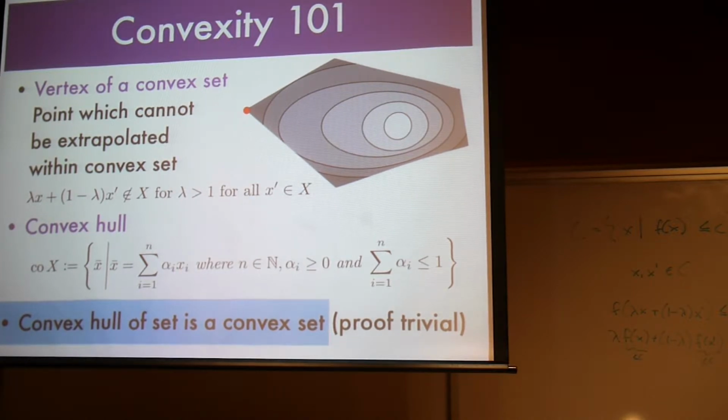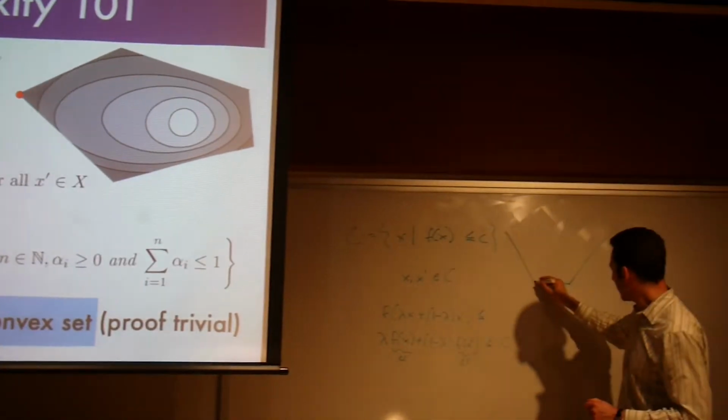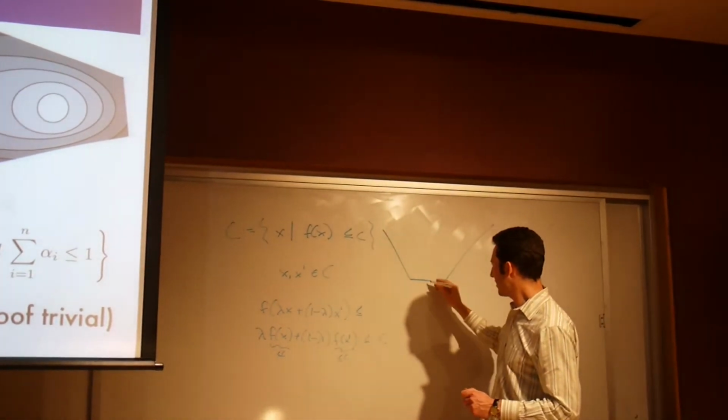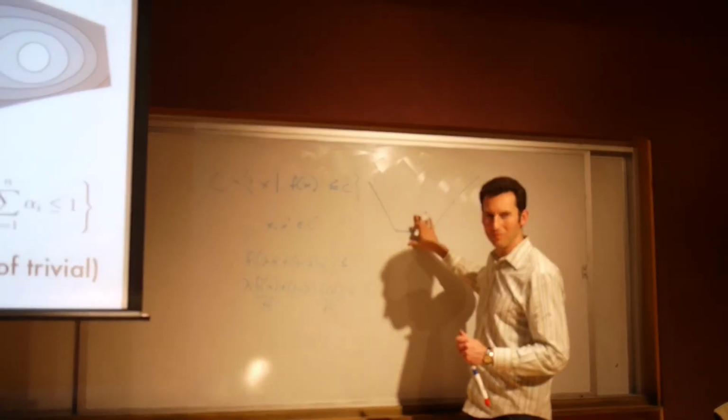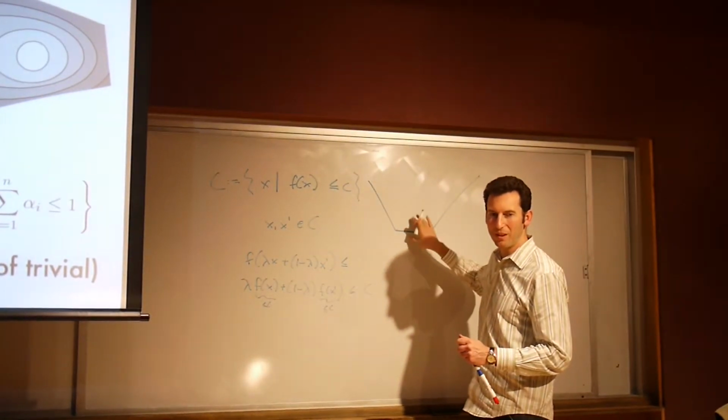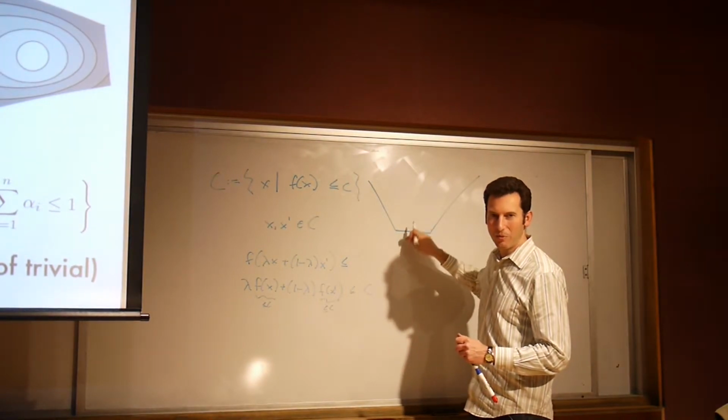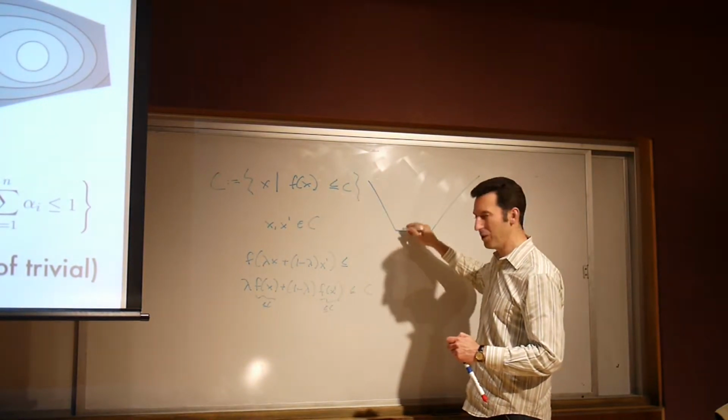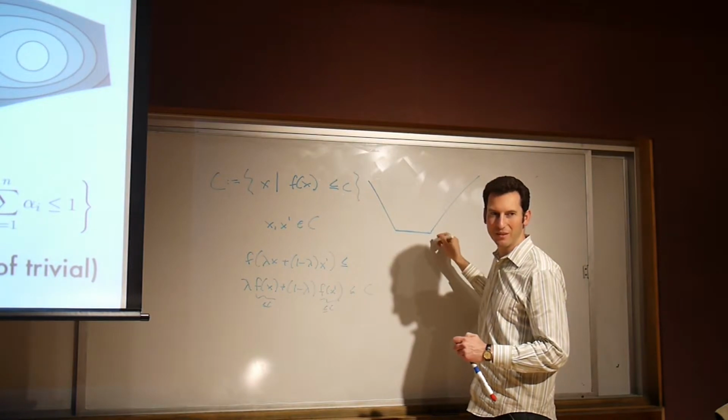Okay, so you can have this case, right? This is like a bucket. The bucket is a convex function, and the bucket has a flat bottom, which is the global minimum. However, it can have many minimizers. Any point on the bottom of the bucket is a minimizer.